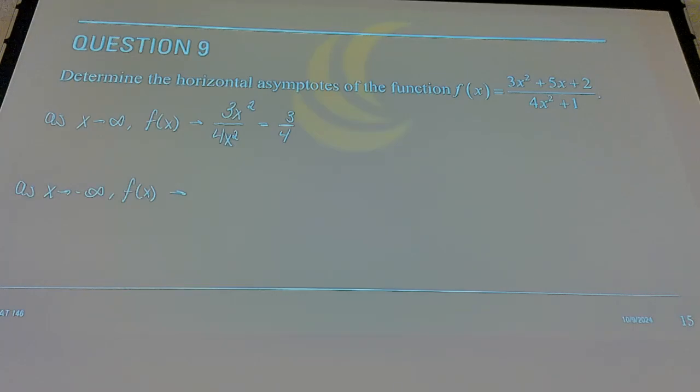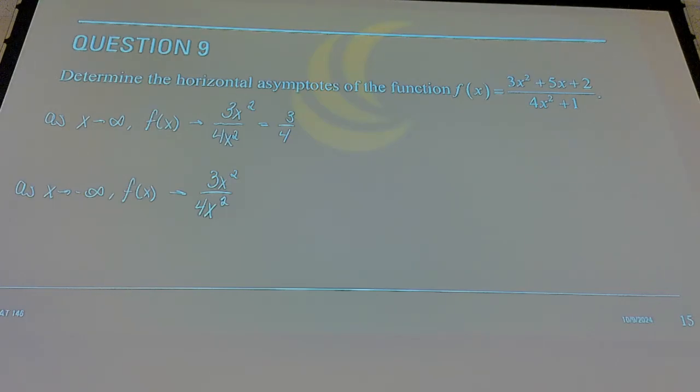And it would be the same argument as we let x decrease without bounds. We let x get extremely large in the negative direction. The 3x squared in the numerator is dominating. The other two terms don't even matter. In the denominator, your 4x squared is your dominating term.